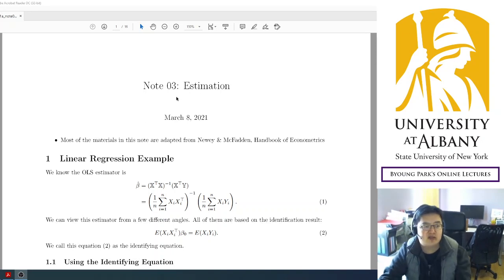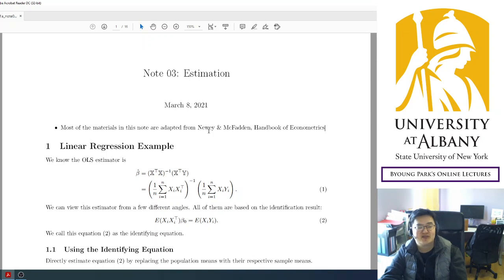Again, by the way, these materials are based on Dewey and McFadden survey paper. It was published in 1994, so nearly 30 years ago, but still it is too difficult for you. So what I explain in this chapter and the next chapter are a kind of simplified summary of the content in this paper.